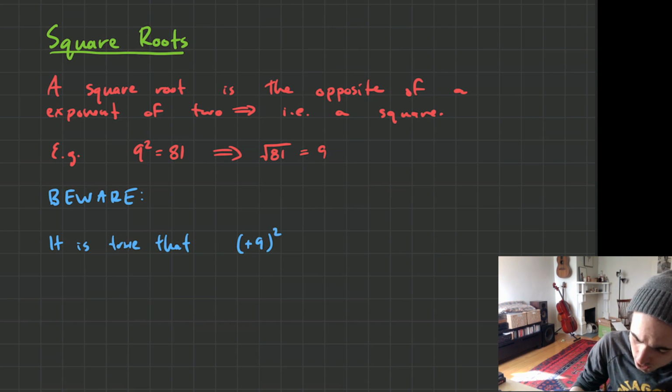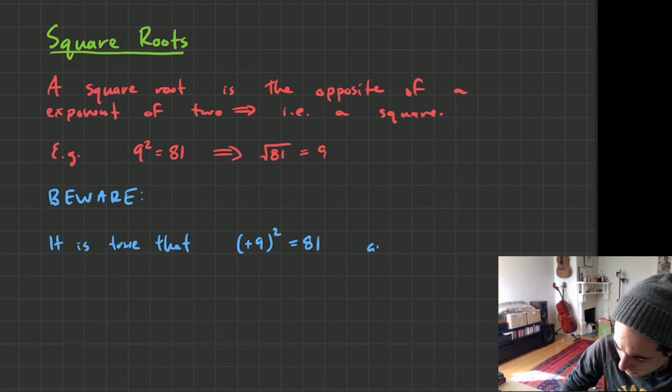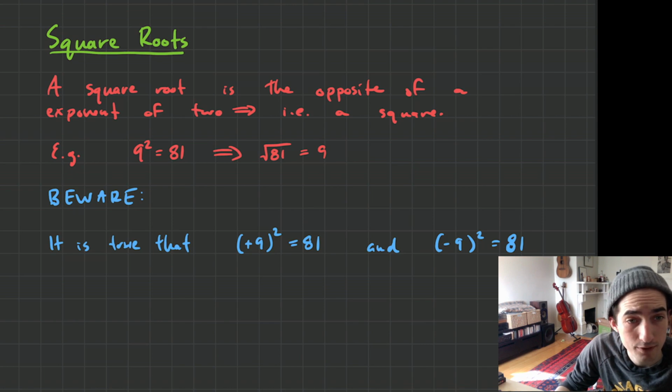So it's true that positive 9 squared is equal to 81, and negative 9 squared is also equal to 81, right? Both of those facts are true, right?